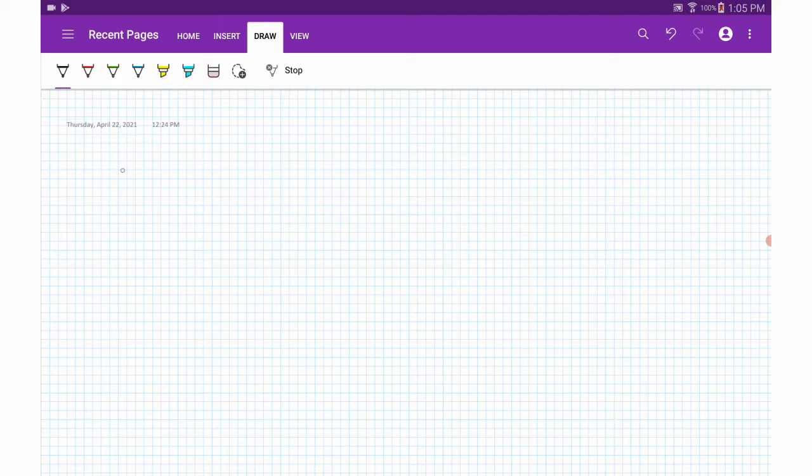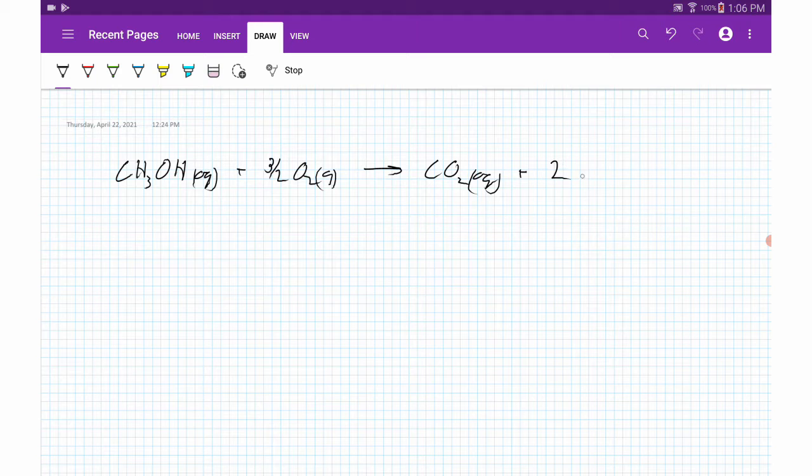So we have ... react to produce CO2 aqueous, and what we're going to do is calculate, in order to do this at 338 Kelvin, we need to get thermodynamic data and calculate delta G at 338 Kelvin.